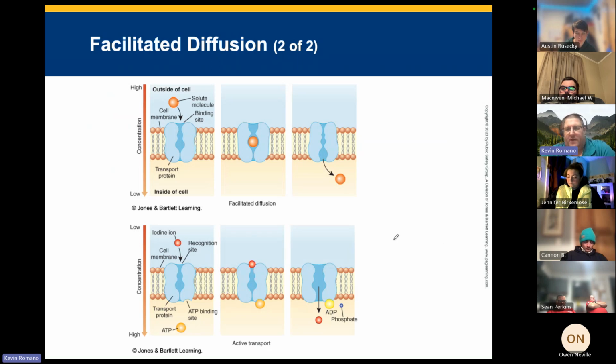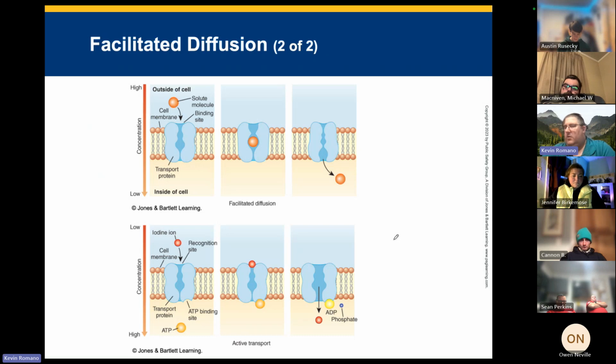If you look at this figure here for facilitated diffusion, this shows the particles. Looking at A, the particles move from an area of higher concentration to an area of lower concentration with the assistance of a protein. B shows the active transport, which uses energy from adenosine triphosphate, ATP, to open the pathway for compounds to move against a concentration gradient.